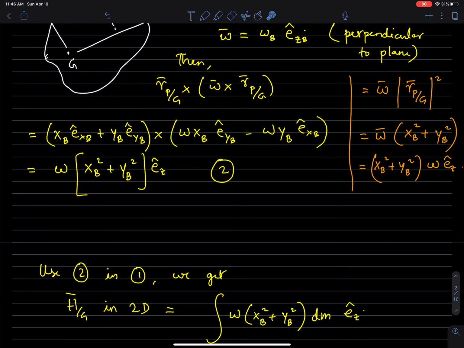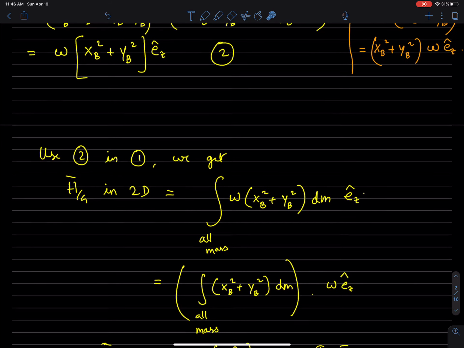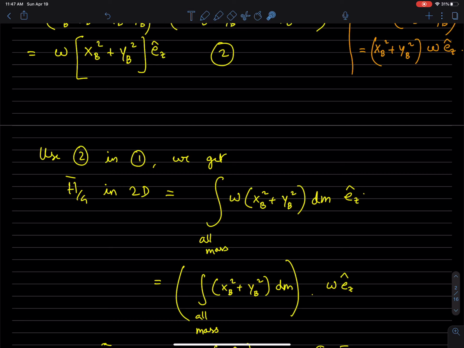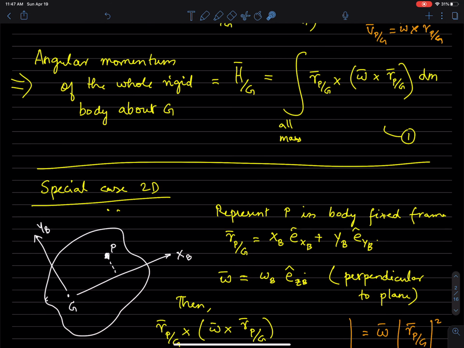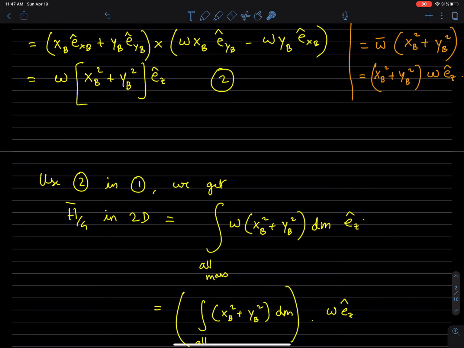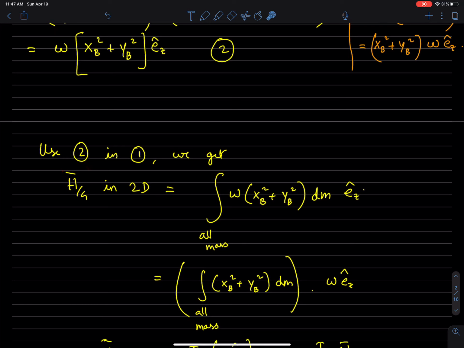What we get is omega times (xb squared plus yb squared) ez. This is not quite the angular momentum, but it is a big component of it. Let's take this expression for the cross product and plug it into the integral, and we get the angular momentum in 2D.